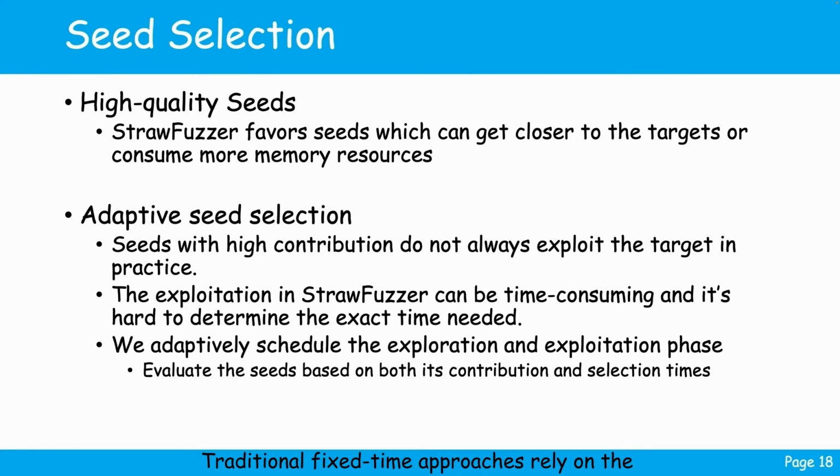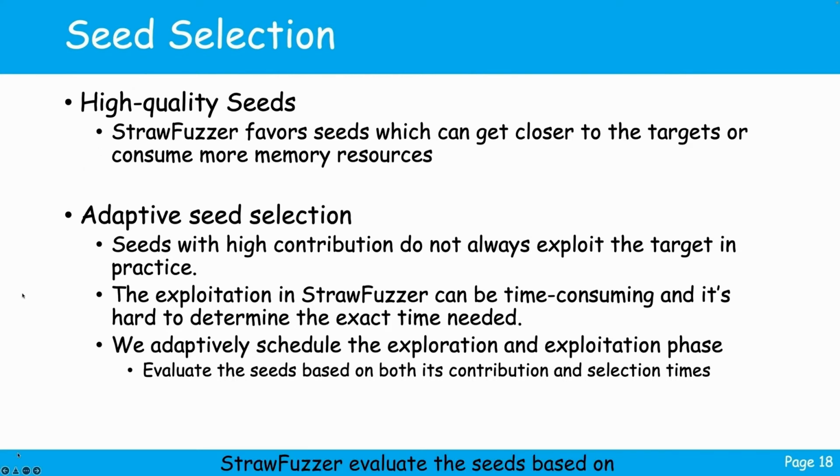Traditional fixed-time approaches rely on the empirical knowledge of the tested program and are impractical for the numerous Android service interfaces. Besides, the exploitation in StrawFuzzer can be time-consuming, and it's hard to determine the exact time needed. Thus, to balance the trade-off, StrawFuzzer uses an adaptive strategy to dynamically schedule them.